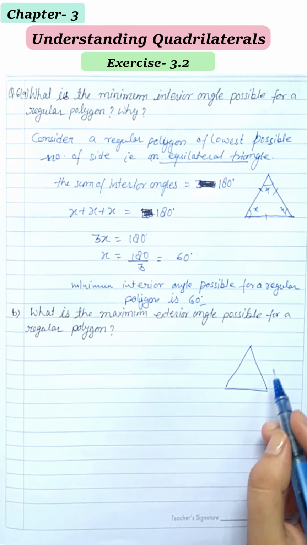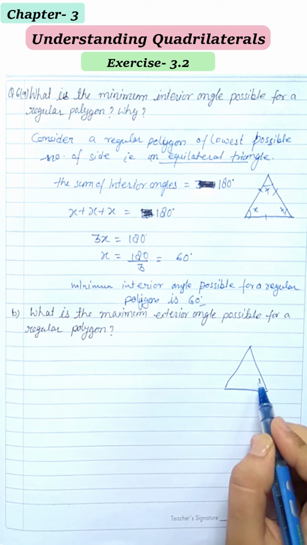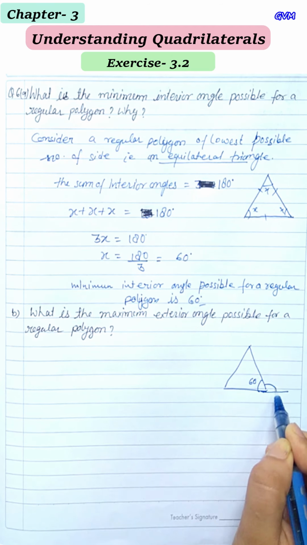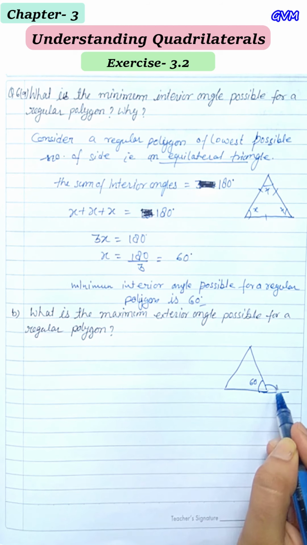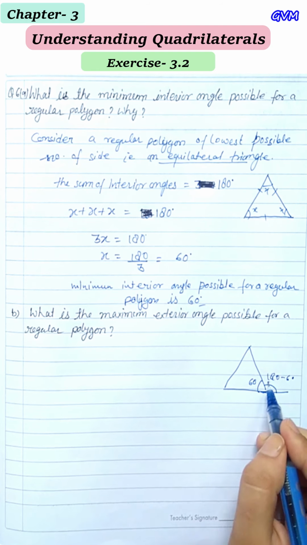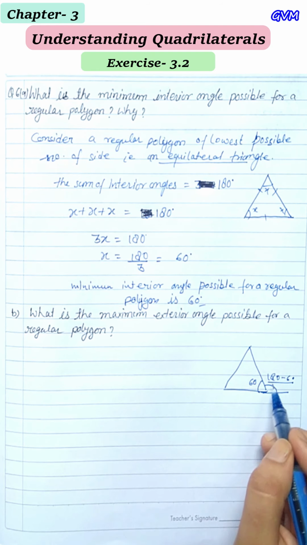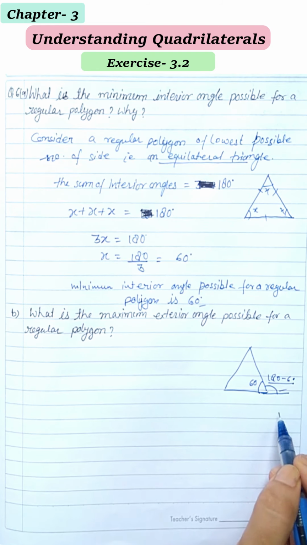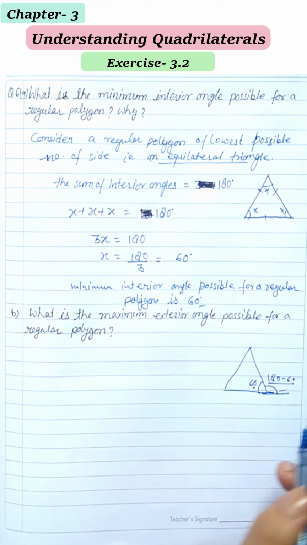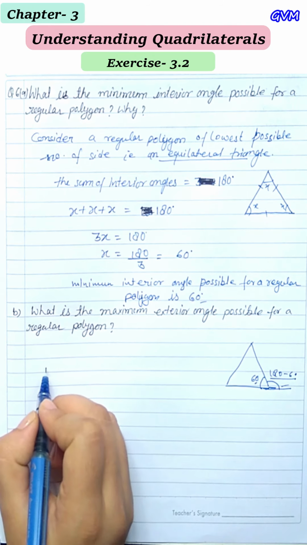It's a rough figure of an equilateral triangle. If this one is 60 degrees, this exterior angle will be 180 minus 60 degrees. By subtracting 60 from 180 we can find the maximum, because if this is minimum, this will become maximum.